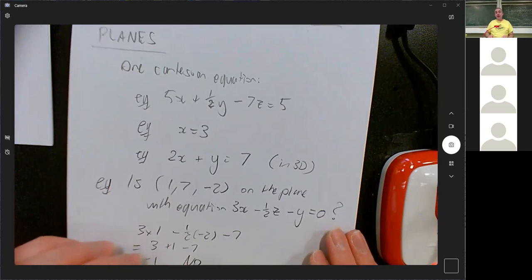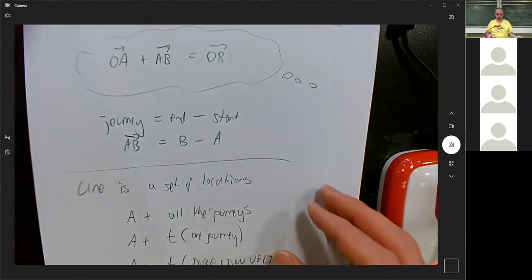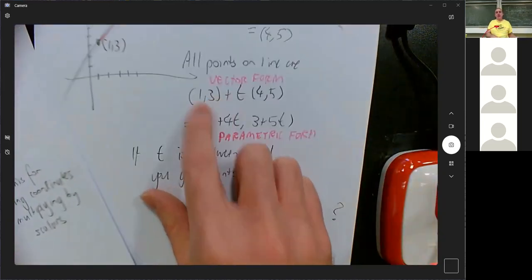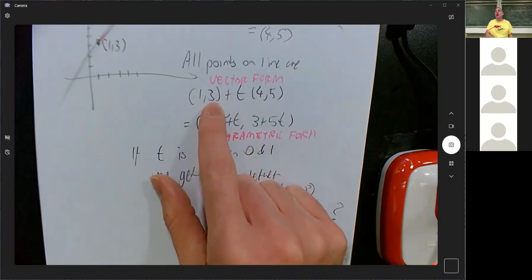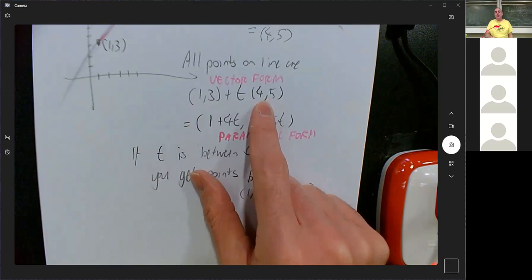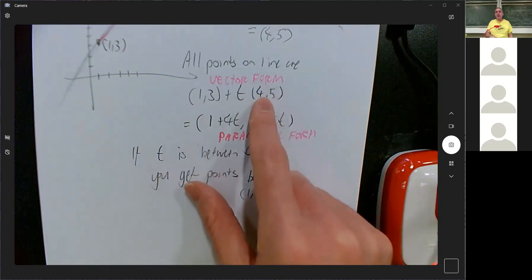So for lines and planes, we already know that when you write a line in vector form, this bit that isn't attached to the T is one of the points that's on the line. And this is a vector, it's an arrow that points along the line. It's not necessarily any of the points actually on the line, it is a way of getting from one point to another.